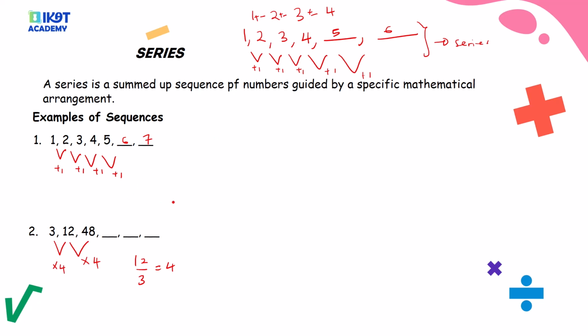What is 48 times 4? 48 times 4 is 192. Also 192 times 4, you get 768. Then that one times 4, you also get 3072.